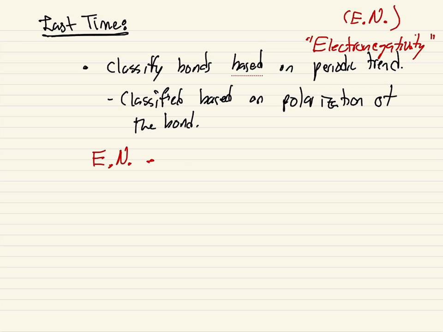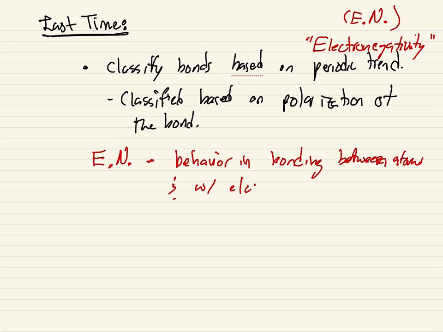So it has to do something with the behavior in bonding between atoms and with electrons, right? So it has to do something with how it bonds to the electron and how that atom bonds to other atoms.